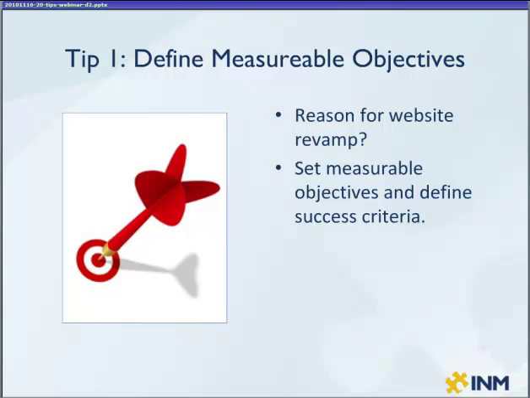So examples could be, my site revamp will be a success if I can attract more visitors, or if I can create a better level of engagement with my visitors and members, or if I can increase conversion between visitors and members. The reason it's important to have measurable objectives is so that you can then define specific metrics that will demonstrate if these objectives are successful.